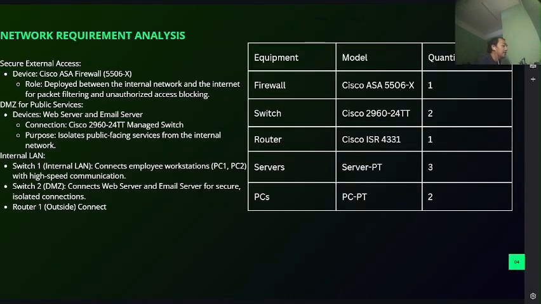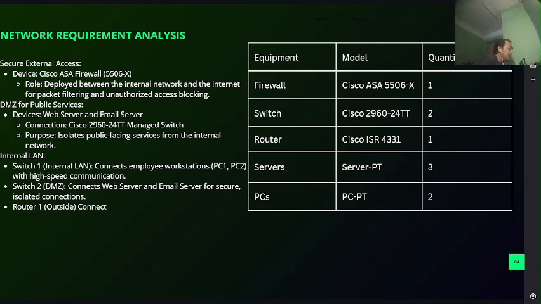So for secure external access, we use a Cisco ASA 5506X firewall to filter packets and block unauthorized access between our internal networks and the internet. The DMZ was set up using a Cisco 2960 24TT switch to connect public services like the web server and email server, ensuring they are isolated from the internal network.